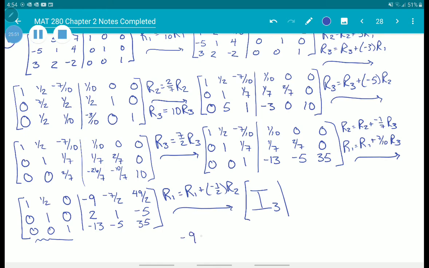So -9 minus 1/2 times 2 is -10. -7/2 minus 1/2 times 1. So that's -8/2, which is -4. And then 49 over 2 plus 5 over 2 is 54 over 2, 27.